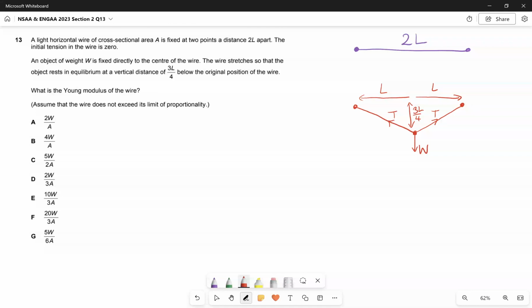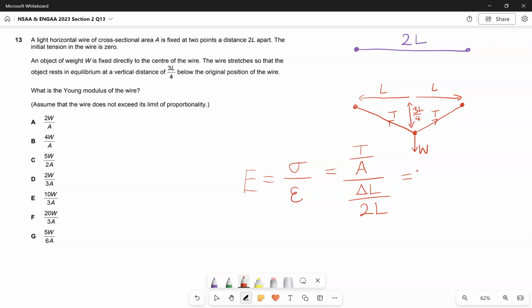So we want to work out the Young modulus of the wire, and we know Young modulus E is stress over strain. And to get both of these parts, we just need to work out the amount of tension in the wire over the area. So how much tension in the wire there will be, so it's T over A. And then we need to divide that by the change in length of the wire over the natural length of the wire, which will be 2L.